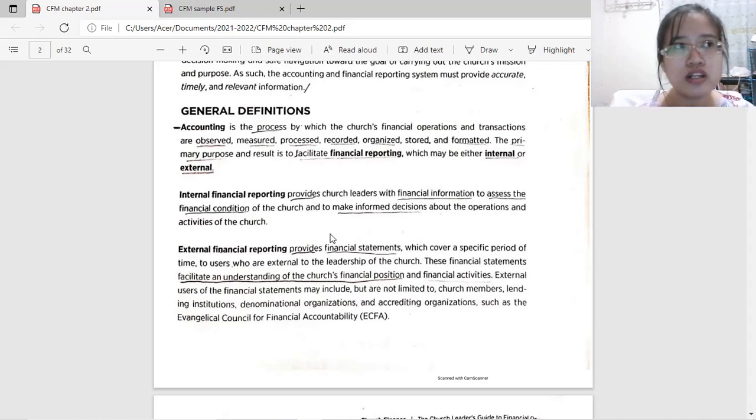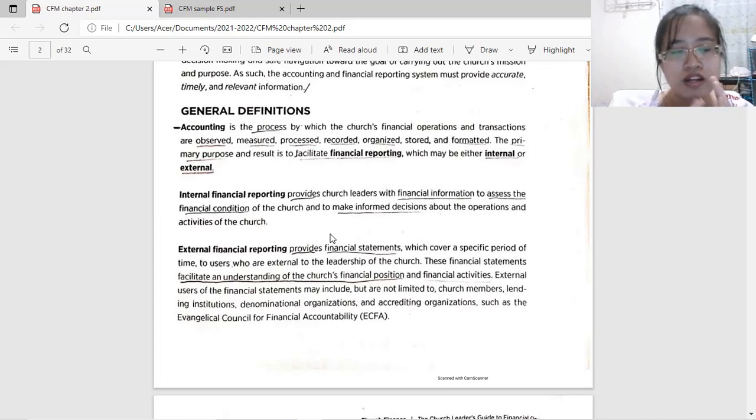Other than the SEC, they would also be required to submit the AFS to the BIR. For a calendar year, the BIR deadline would be April 15 of the following year. But for fiscal years, it would be the 15th day of the fourth month from the end of the accounting year.